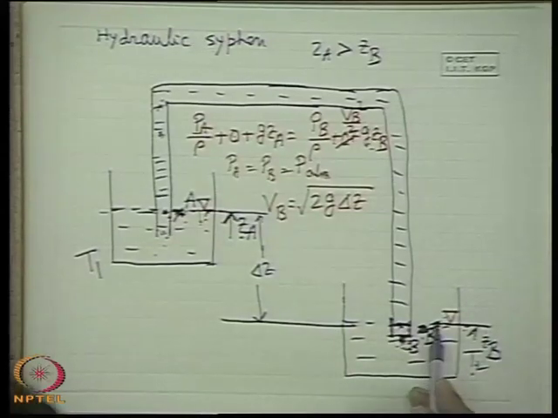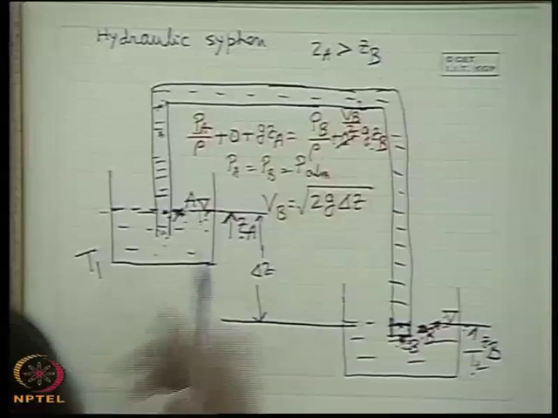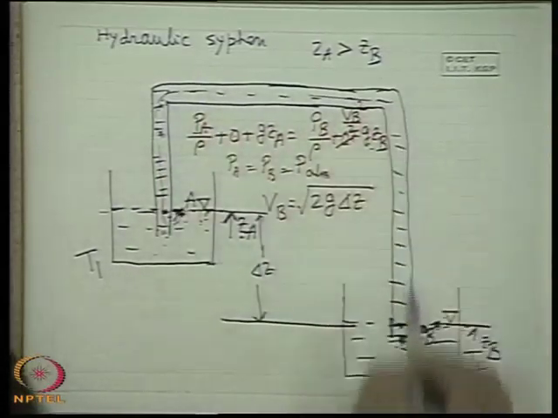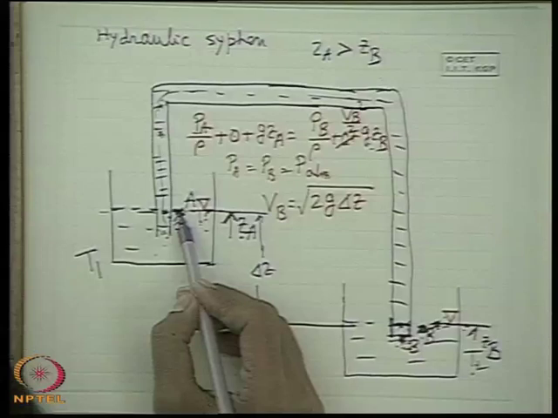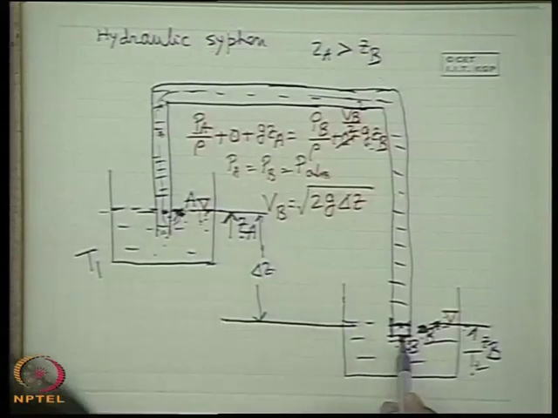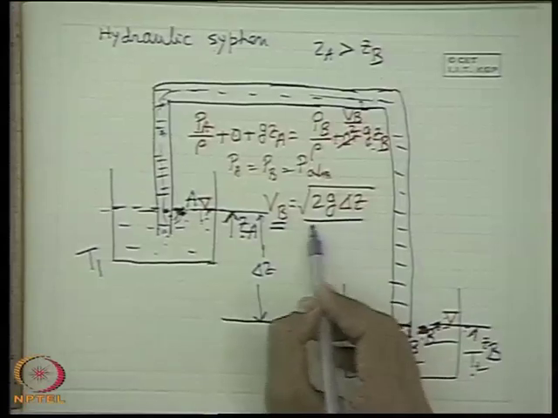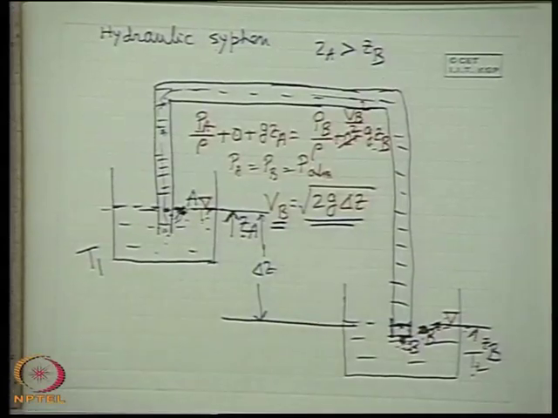Now, for inviscid flow, if we don't count any loss, through this path of flow, if we write the energy equation at the point A at the free surface and the discharge plane point B, then I get that Vb is equal to root over 2g delta Z, which is very simple.